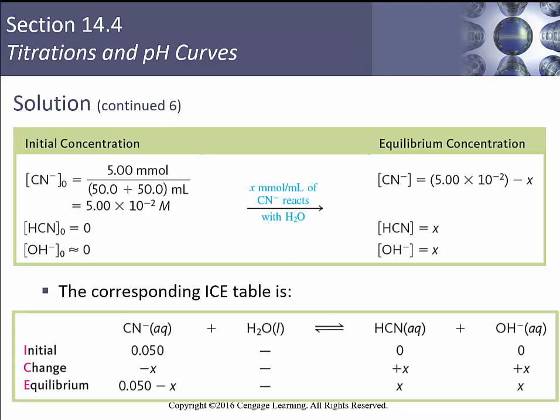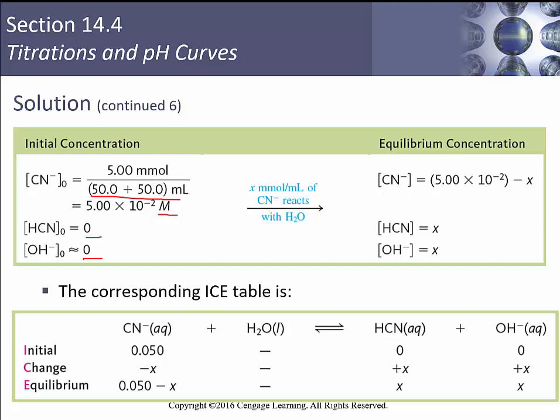Our initial concentration of CN−, we had 5 millimoles divided by a total volume of 100 milliliters. So initially we had 5 times 10 to the minus 2 molar cyanide. We had no hydrogen cyanide and no hydroxide.